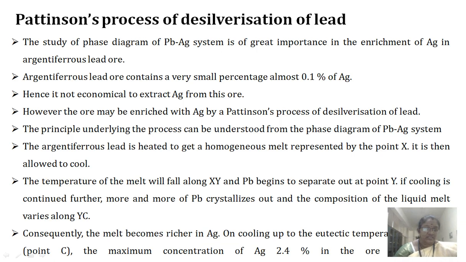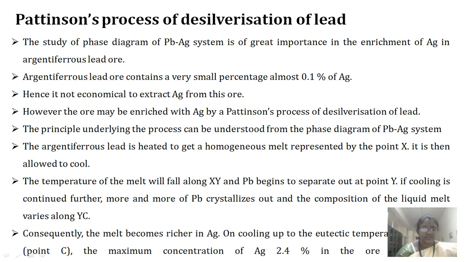Hence, it is not economical to extract silver from this ore. However, the ore may be enriched with silver by Parkinson's process of desilverization of lead. The principle underlying the process can be understood from the phase diagram of lead-silver system.